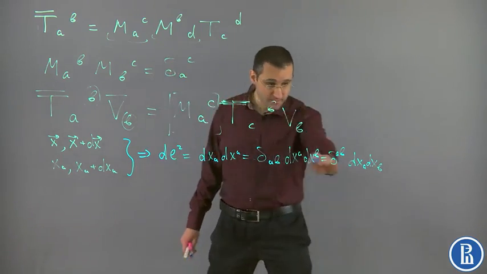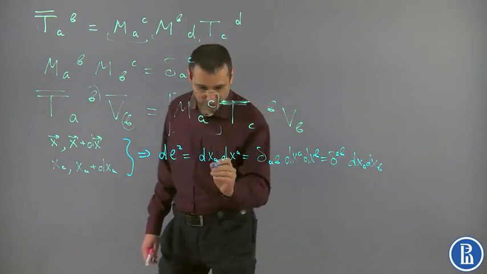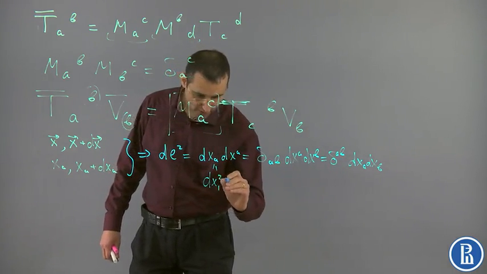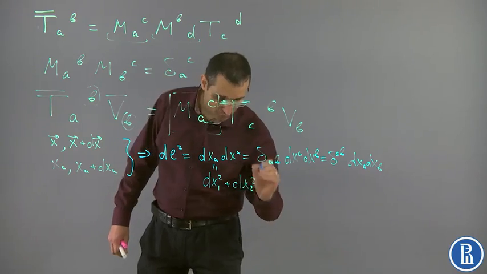So this is the same thing, and as you know, this is just dx1 squared plus dx2 squared.